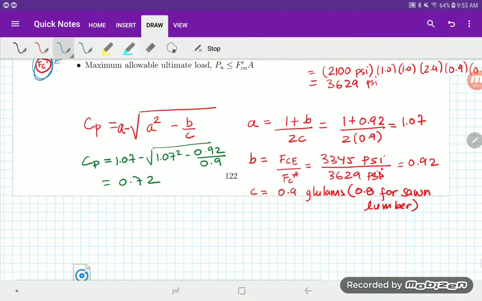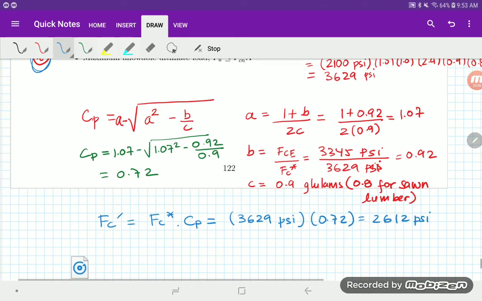FC prime, the adjusted value for compression strength, is just FC star times CP, which is 3629 psi times 0.72, and it gives me 2612 psi.